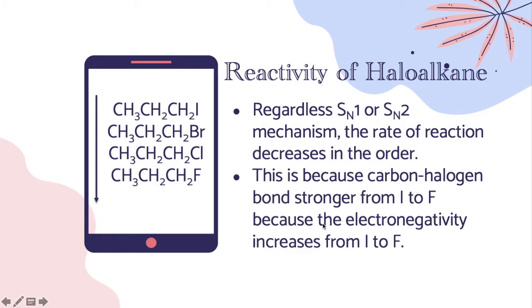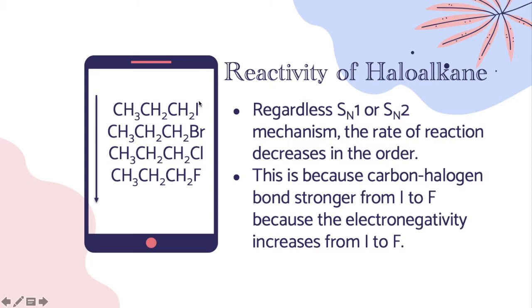So electronegativity increases from I to F. So the C-F bond is stronger than the C-I bond. It means the bond between C and F is stronger than the bond between C and I. So it's easier to break the C-I bond compared to the C-F bond.